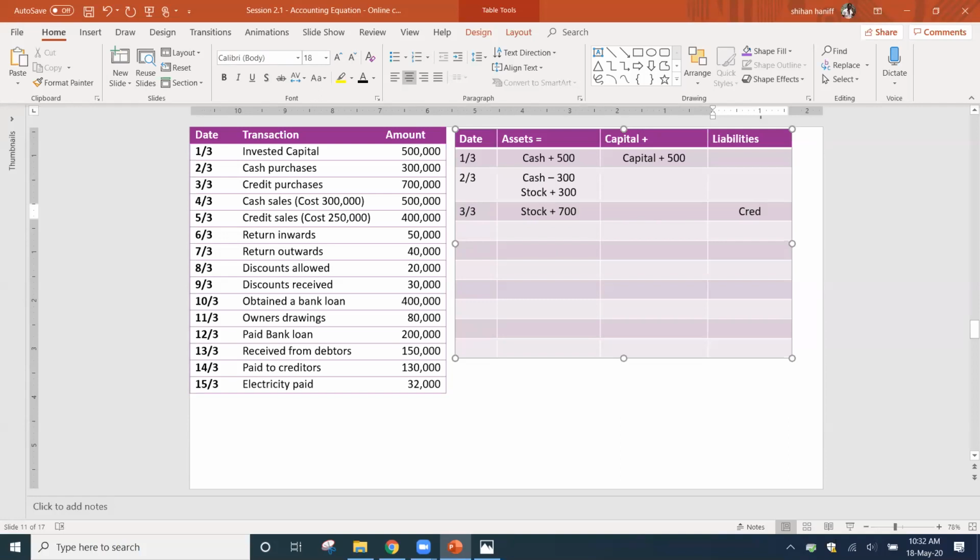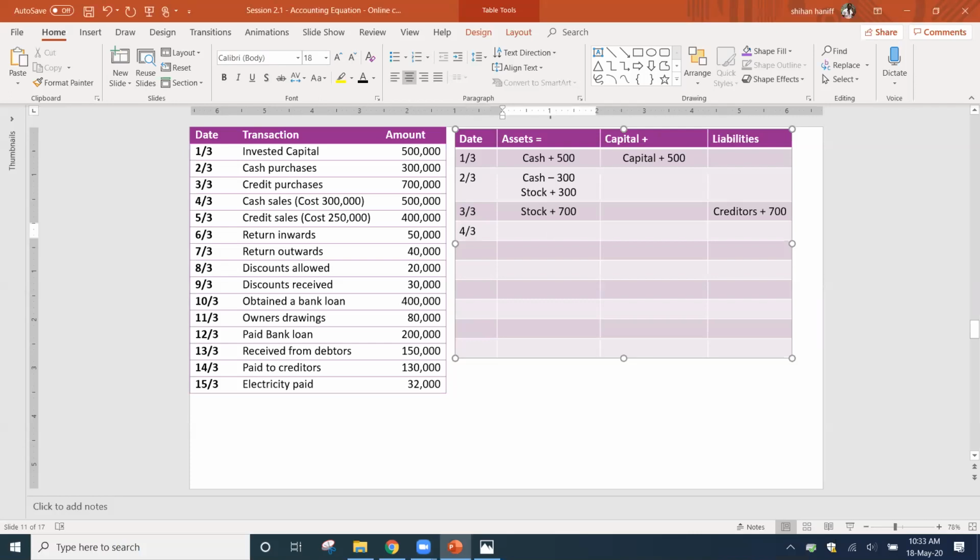We will have a liability for creditors. So I do it fast.